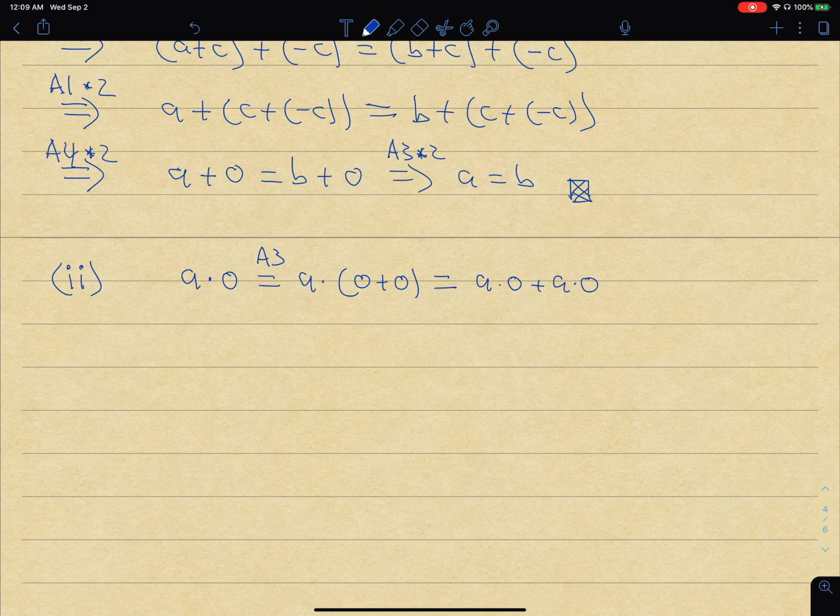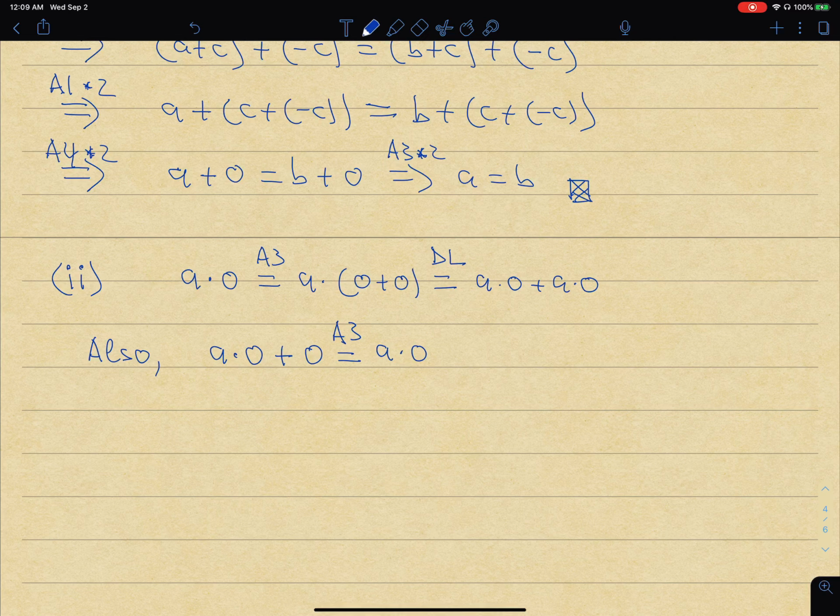And another thing, which is true, is that if I take A times 0, so this was DL, and also if I take A times 0, and to that I will add 0, then of course A3 again says that this should be A times 0.